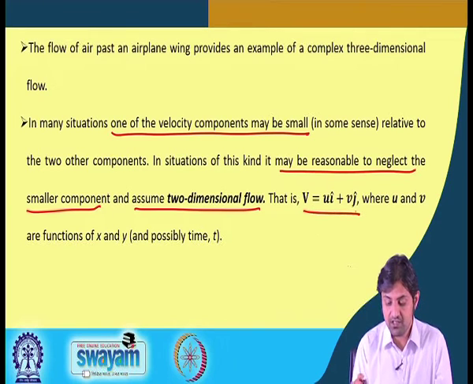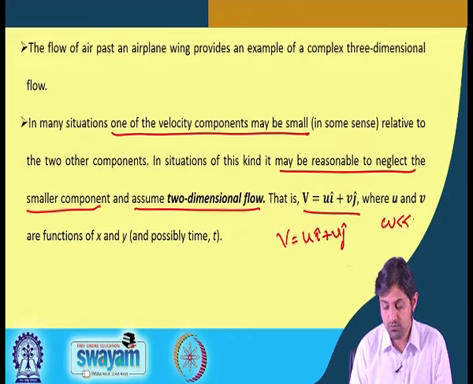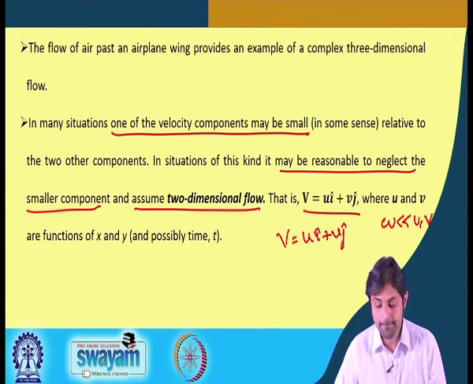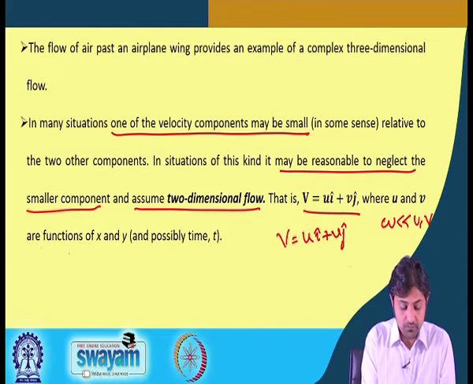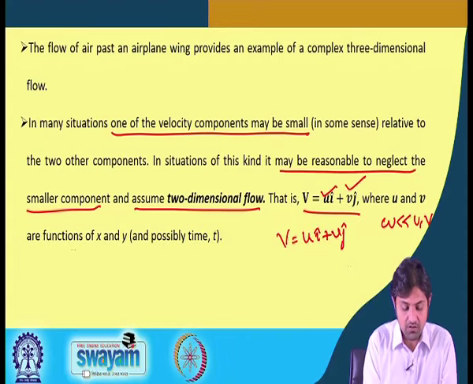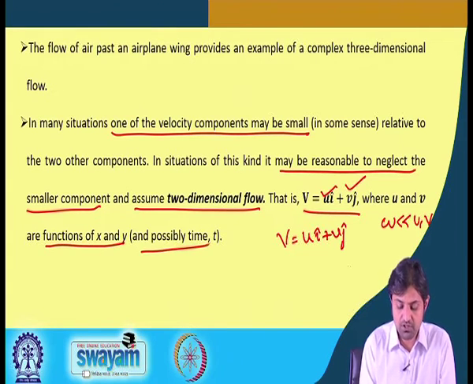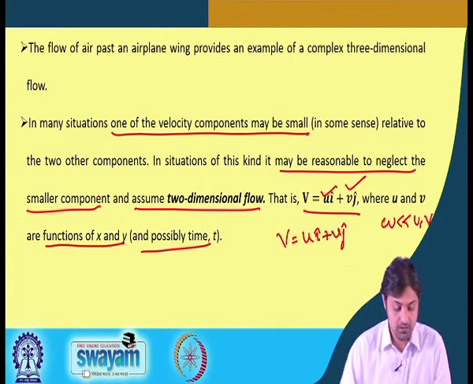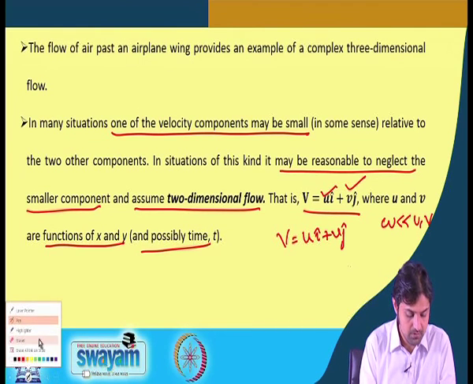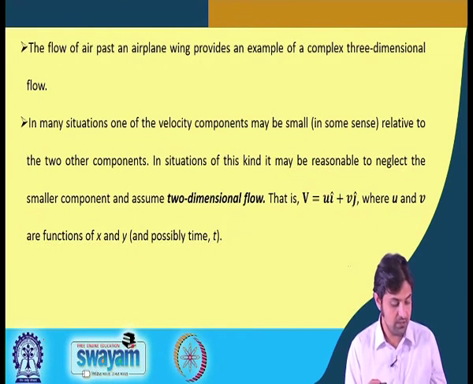In this case, we have written V equal to u i cap plus v j cap, and we have neglected w k cap because w might be very, very small compared to u and v. And here u and v are functions of x, y, and of course, could be functions of time as well.